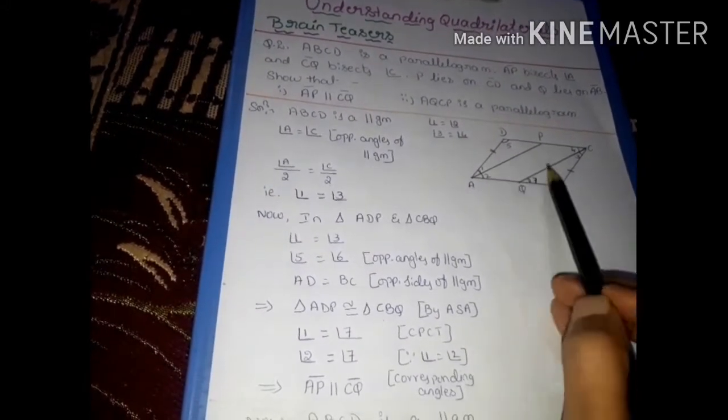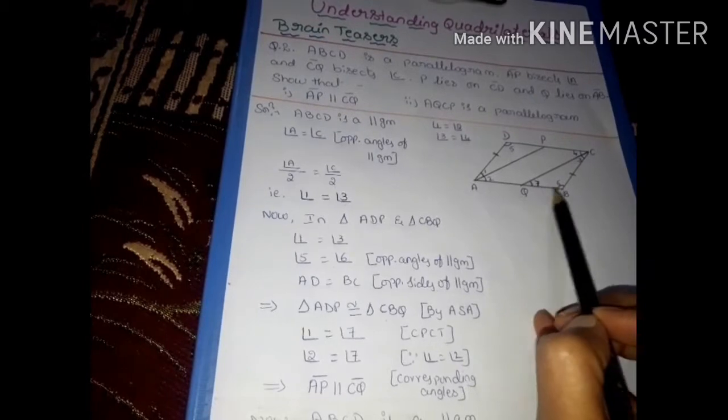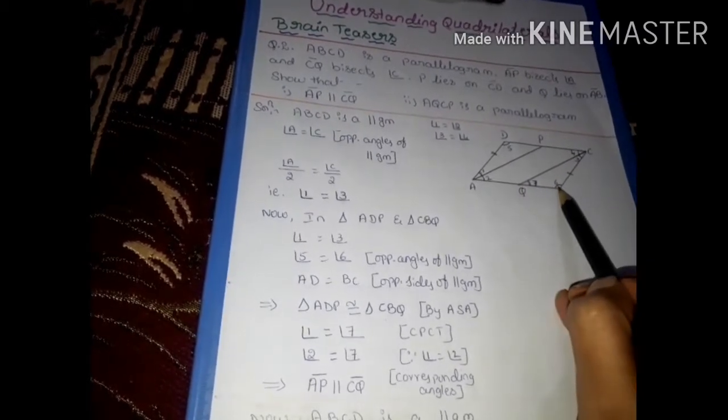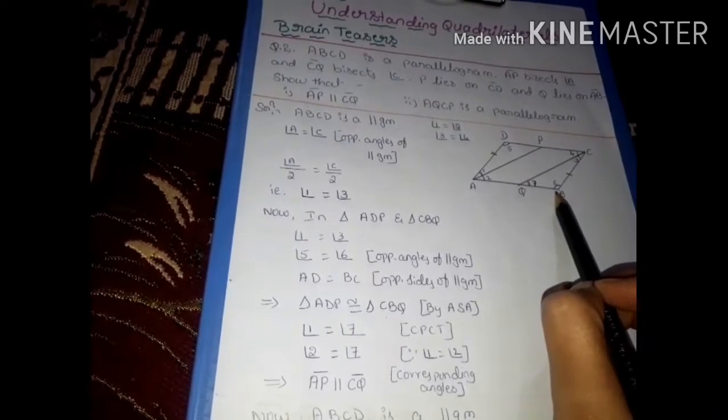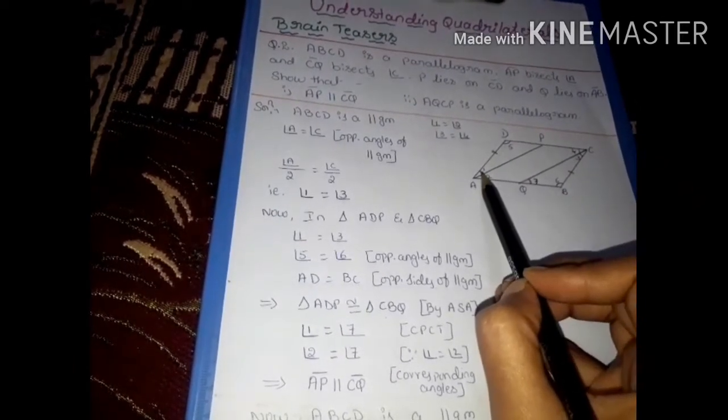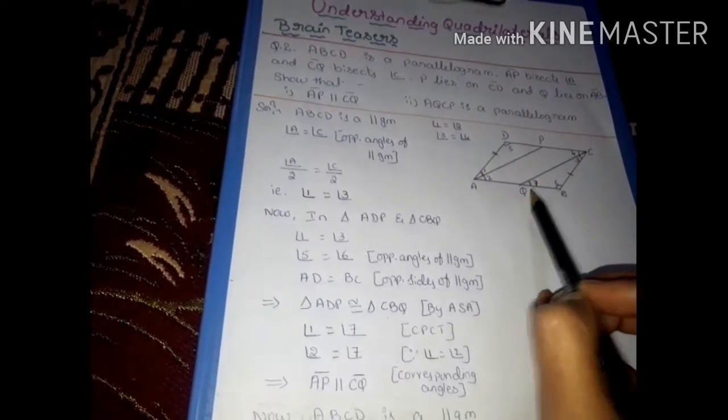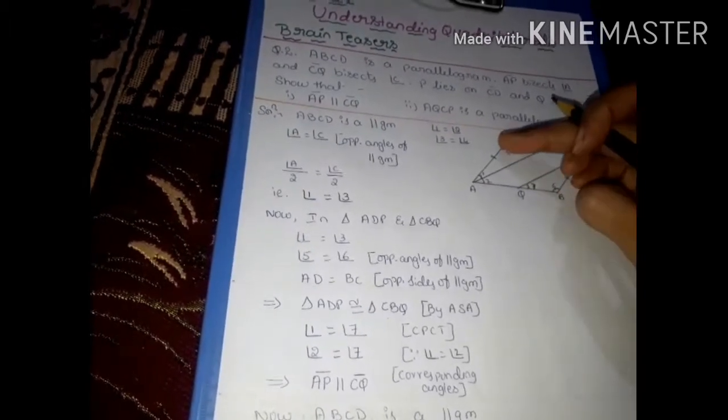After showing these two triangles are congruent, the corresponding parts DP equal to BQ. Angle 5 and angle 6 are equal, then we can say that angle 1 equal to angle 7.